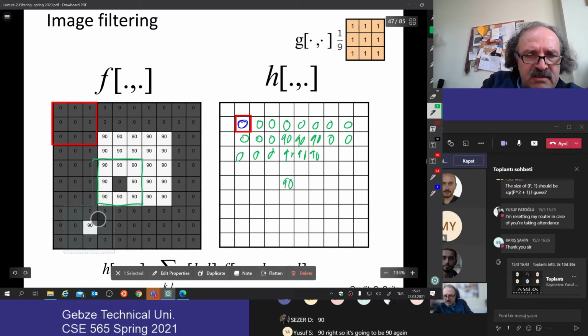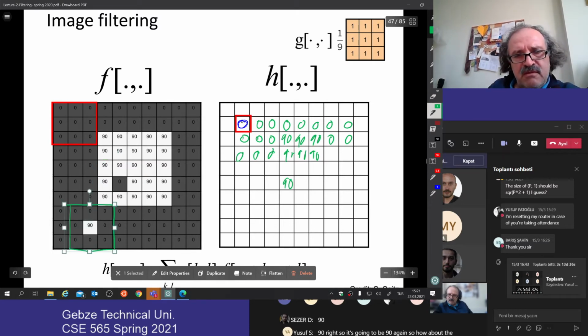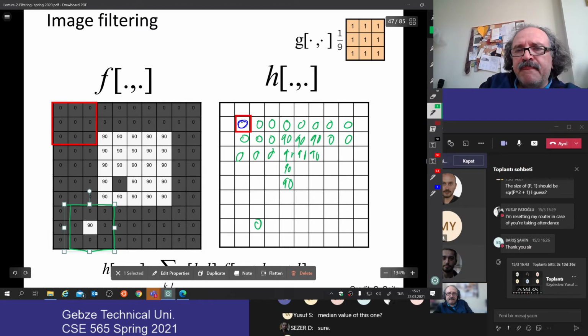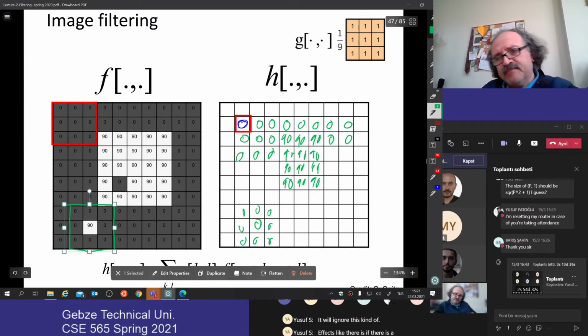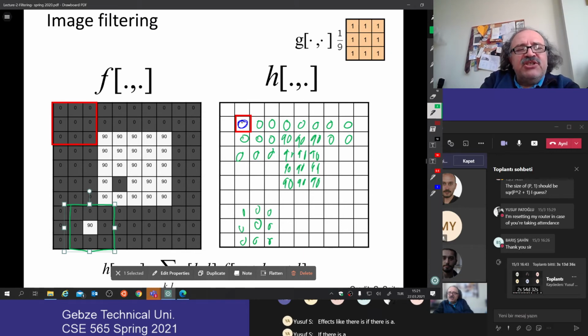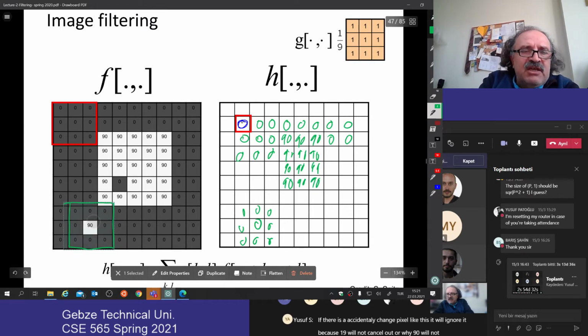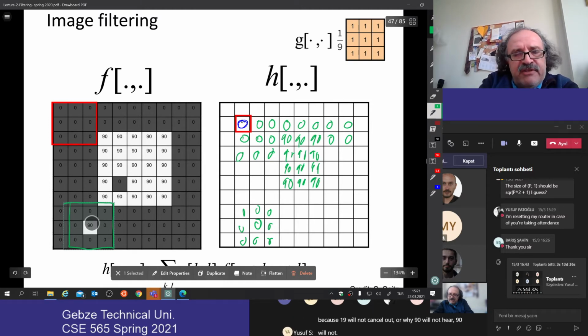So how about the median value of this one? 0. 0. So what I am saying is it will ignore these kinds of effects, like if there is an accidentally changed pixel like this, it will ignore it, because 90 will not cancel out or average out any 0 values.